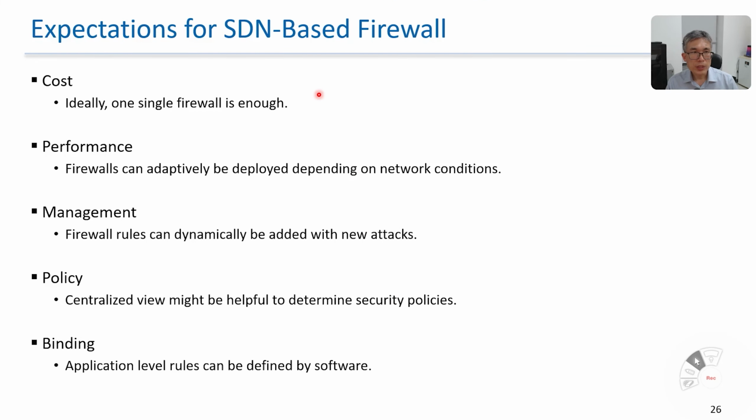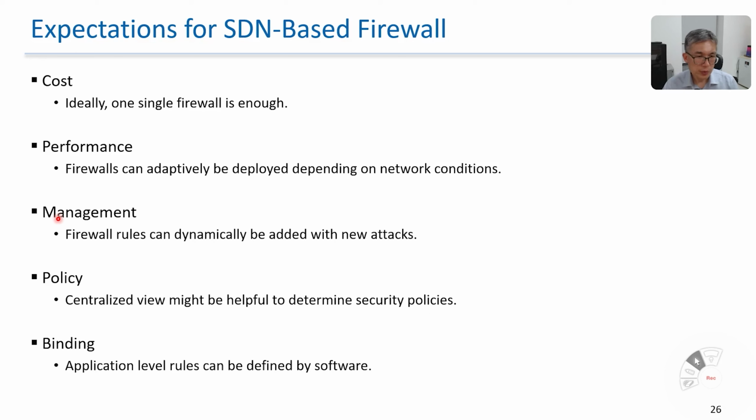So we can see expectations for the SDN-based firewall. Let's see, five aspects. Firstly, from the cost point of view, ideally one single firewall application is enough, which contacts the SDN controller. Performance point of view: firewalls can adaptively be deployed depending on network conditions.